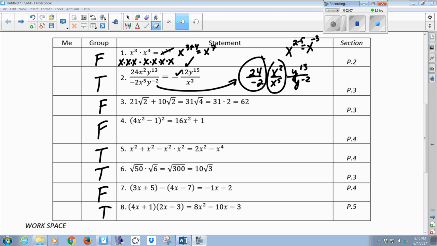That gives you x to the -3, which says x to the 3rd changes its position from being in the numerator, as it is here, into the denominator. And that's where it's located. And again, y to the 13th divided by y to the -2. As long as your base is the same, you keep your base, you subtract your exponents, and you get y to the 13 plus 2, which is y to the 15th. So that is a true statement.